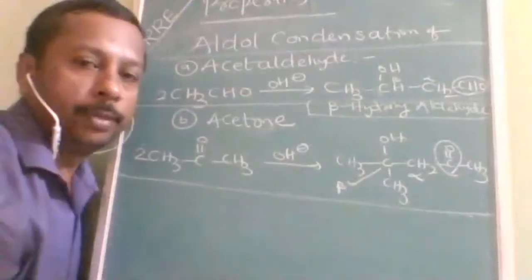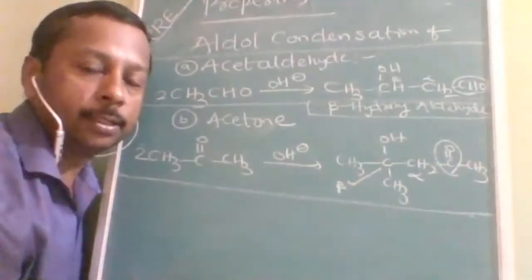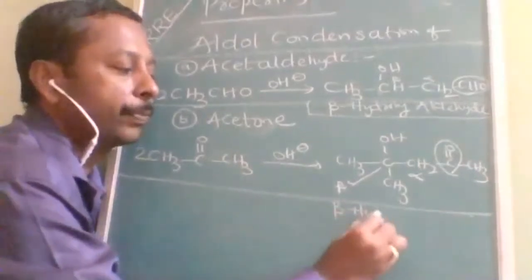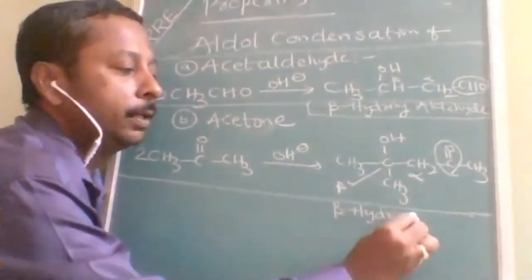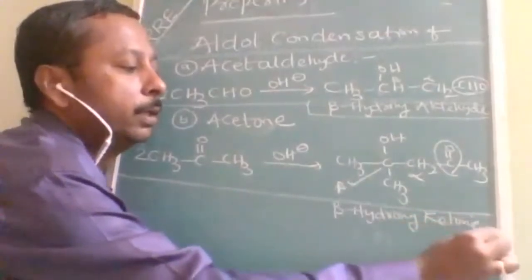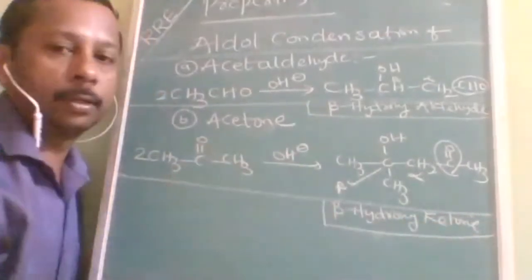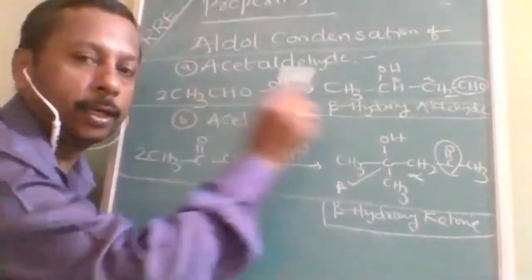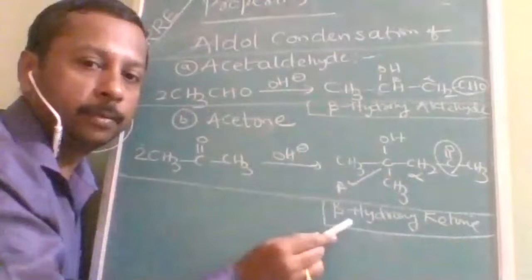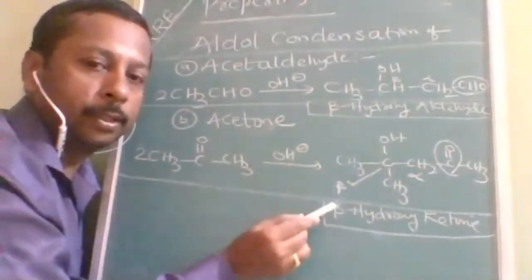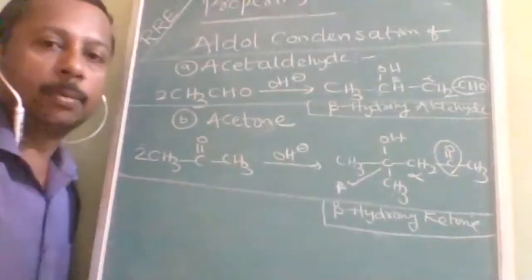This beta carbon has OH, that's why it is a beta hydroxy. The product is beta hydroxy ketone. Ketone you take, ketone you get. Aldehyde you take, aldehyde. What is common in both? The presence of hydroxy, and its position is always the beta position.